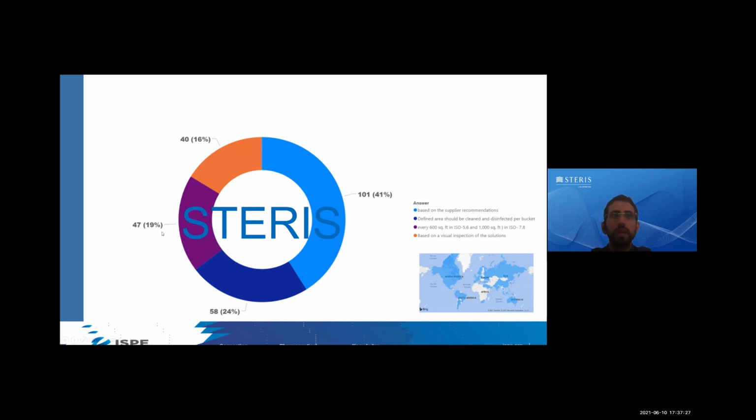Others use Anne-Marie Dixon rules, which is every 600 square meters for an ISO 5 and 6, every 1,000 square feet for an ISO 7 and 8. And 16% base it on visual inspection of the solution.